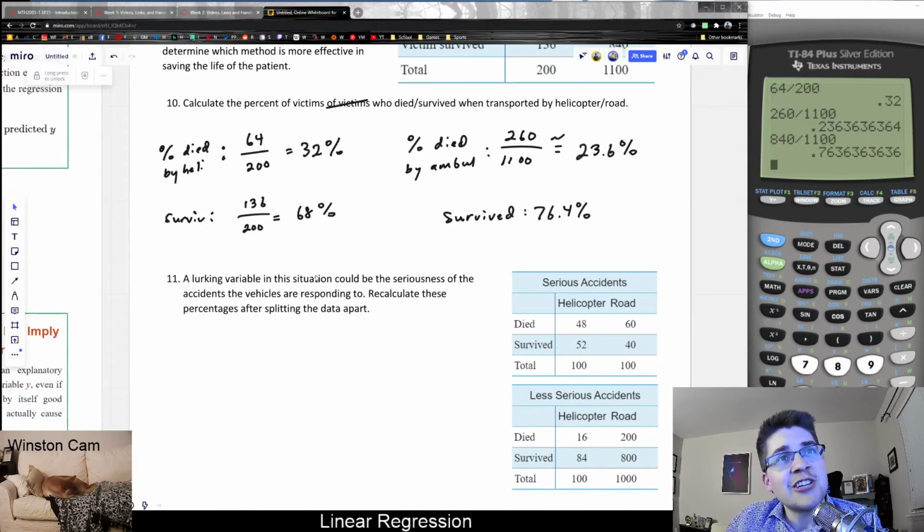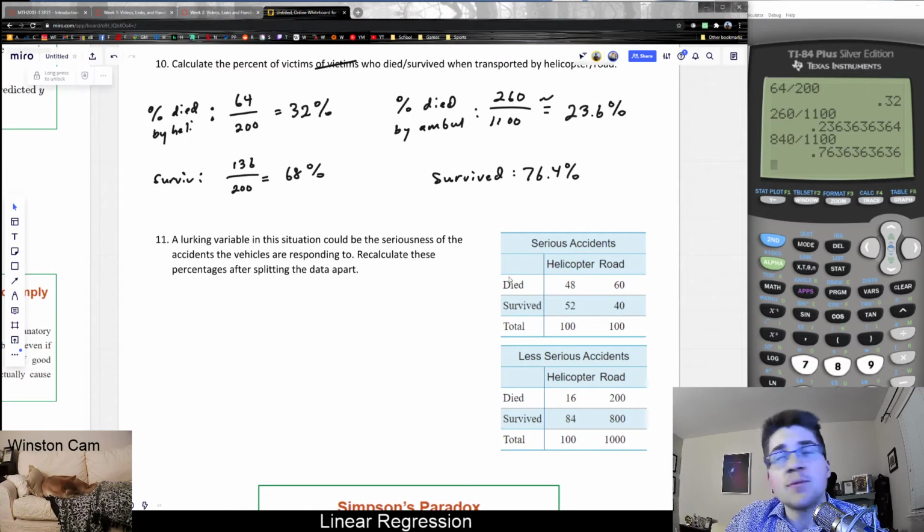What's actually interesting is if we split up the data into two categories, basically how serious were those accidents, to where they warranted taking a helicopter versus an ambulance? Because if you think about it, common sense says helicopters are usually for far more emergent cases, for people in much more critical danger, like where an ambulance can't get to them, or they would be in an unsafe environment.